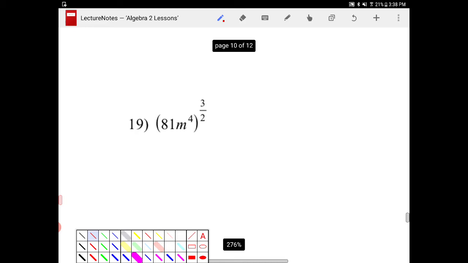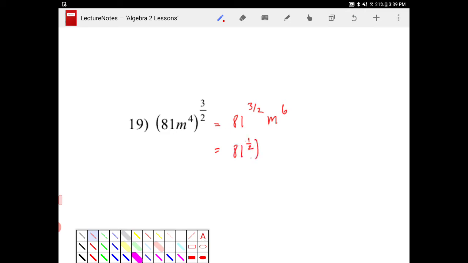Number 19, 81m to the fourth to the 3/2 is equivalent to 81 to the 3/2 m to the 6th. And 81 to the 3/2 is 9 to the third, right? Here, I'll work it out again. So it's 81 to the 1/2 to the third.